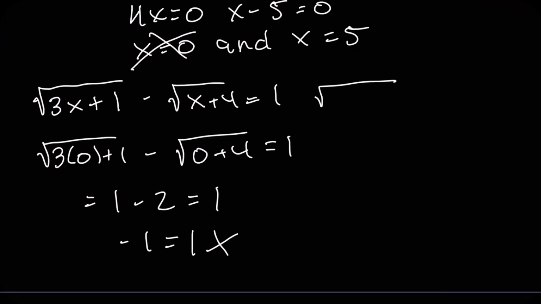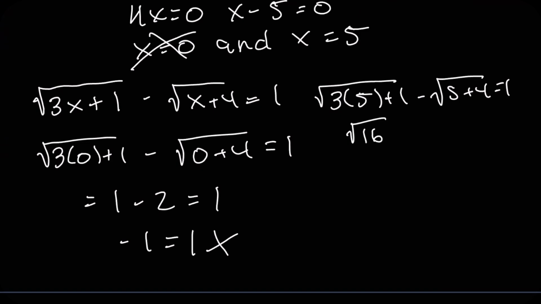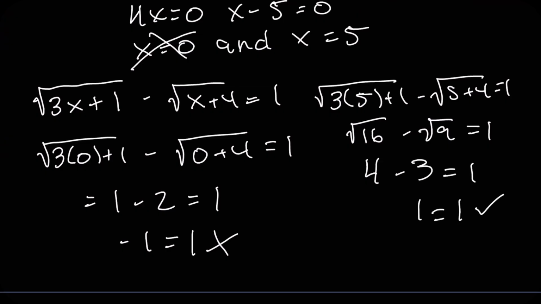Trying the 5, we have 3 times 5 plus 1 minus the square root of 5 plus 4, and that's going to be equal to 1. So we have the square root of 16 minus the square root of 9 equal to 1. So that's 4 minus 3 equal to 1, or 1 is equal to 1, which checks out. So we know that x is equal to 5 is going to be one of our solutions here.